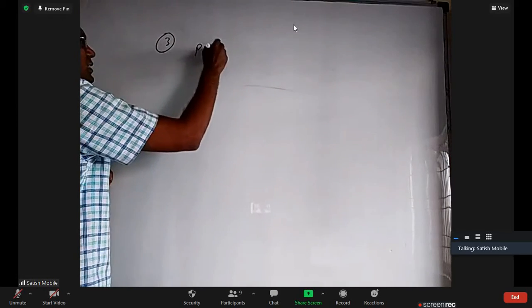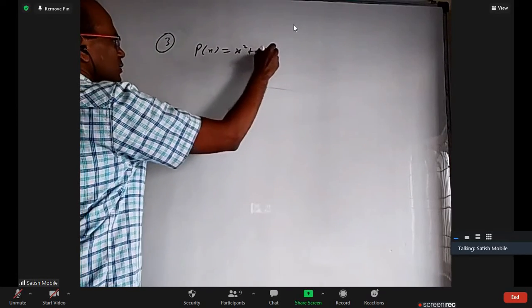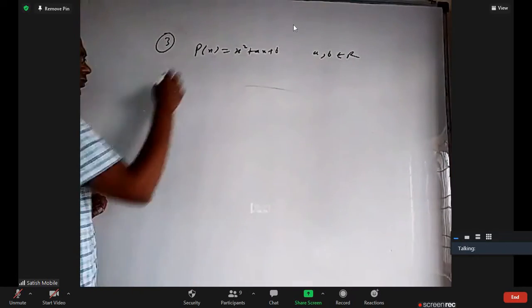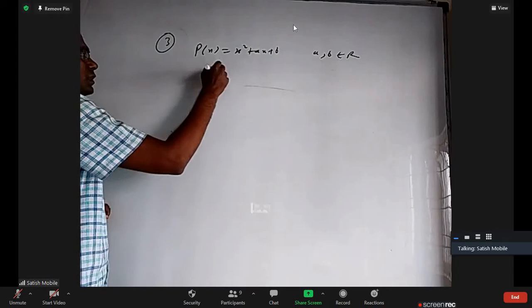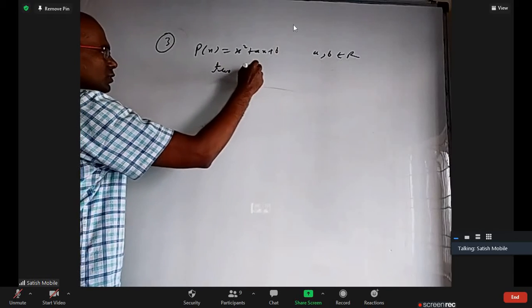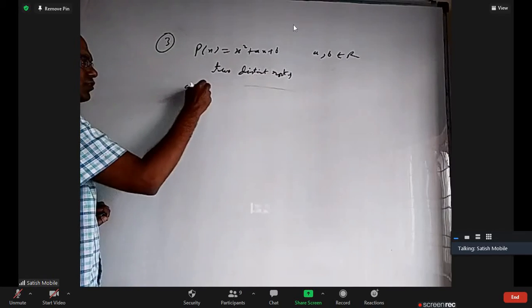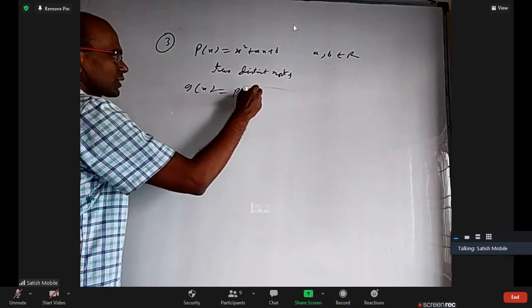P of x is equal to x square plus ax plus b, where a and b are real numbers. This equation has 2 distinct roots. Now they're talking about g of x, which is P of x cube.